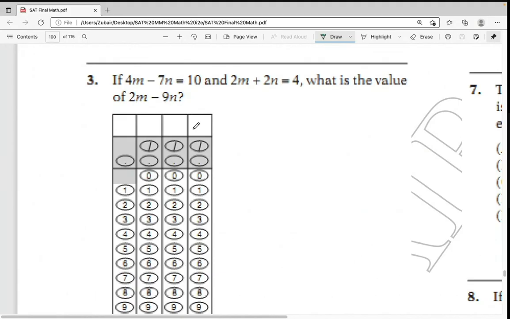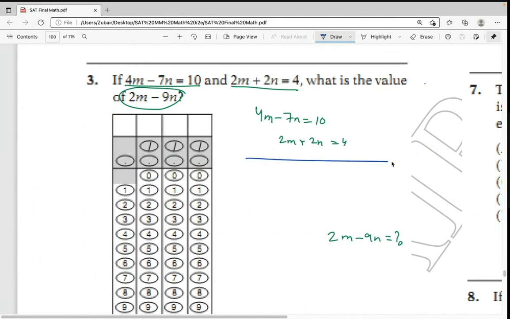Now, I'm just writing it. 4m minus 7n equals 10, and the second one is 2m plus 2n equals 4. And then this is the question: 2m minus 9n. Mostly students have this approach, basically those who are attempting SAT after their O levels. The ones after A level are definitely more mature.